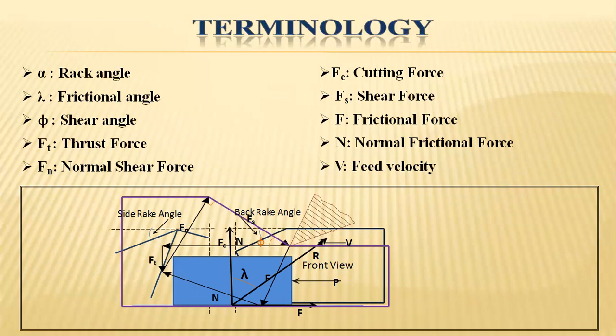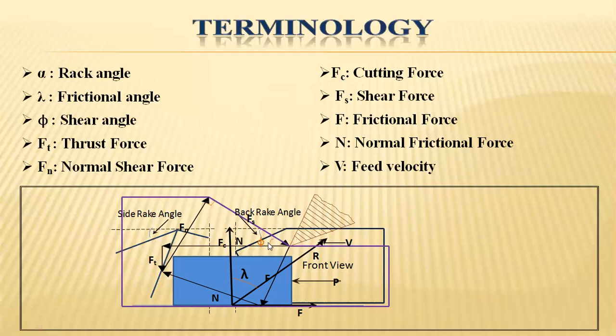See here, alpha refers to the rake angle, which is maintained exactly in an orthogonal strategy as shown in the diagram. That's a perfect 90 degrees maintenance. The next is the frictional angle, denoted by lambda, which is processed in the range of oblique cutting. Phi is the shear angle.